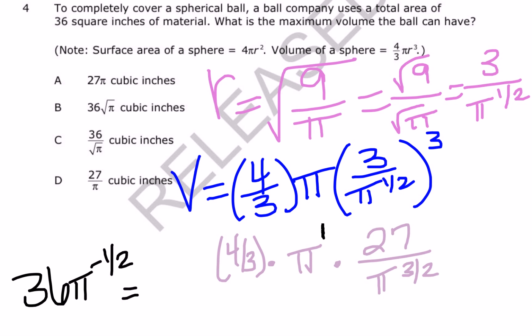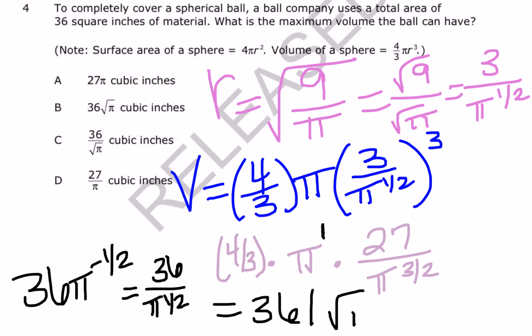And so then that simplifies to 36. Remember that when you have a negative exponent, it turns into a fraction. So pi to the 1/2 goes at the bottom. And just like before, pi to the 1/2 is going to turn into the square root of pi. So my final answer would be 36 divided by the square root of pi, which is still letter C.